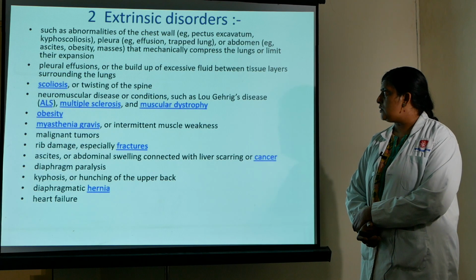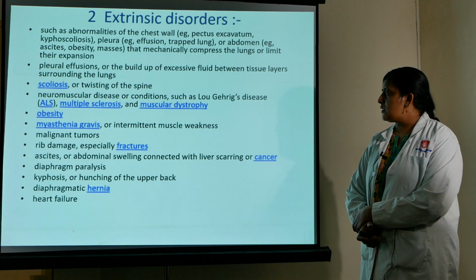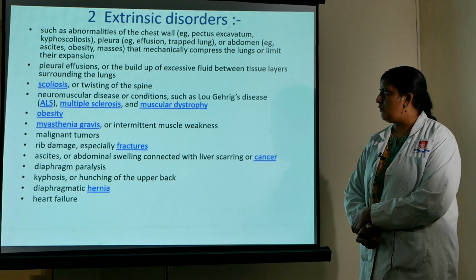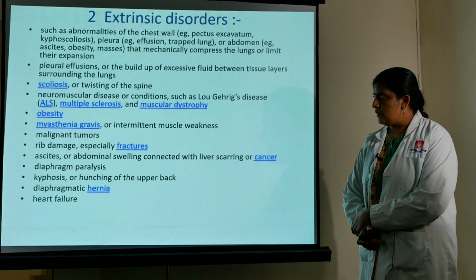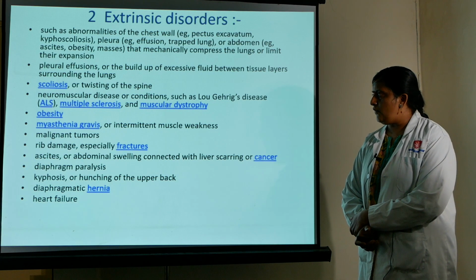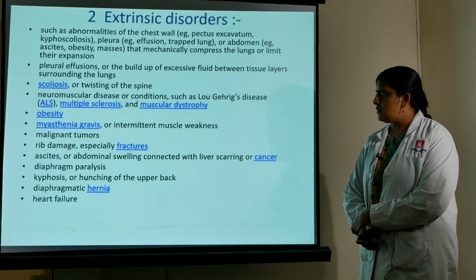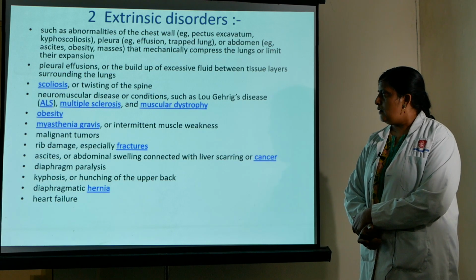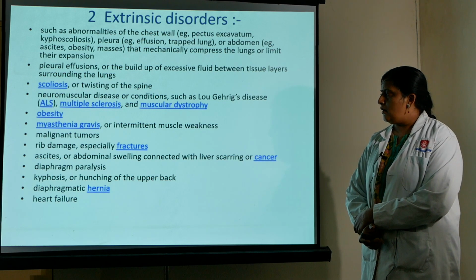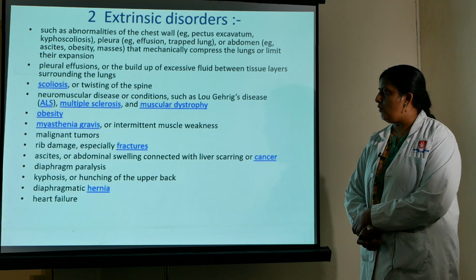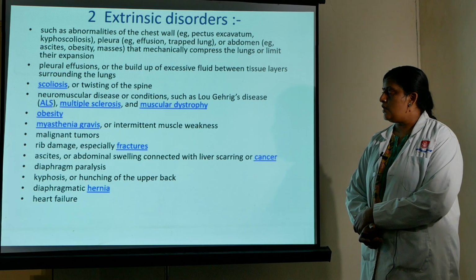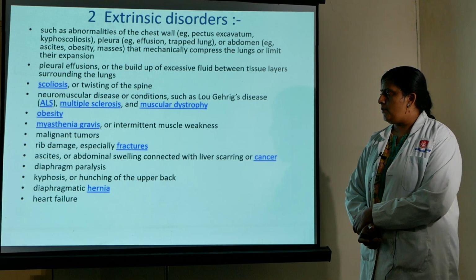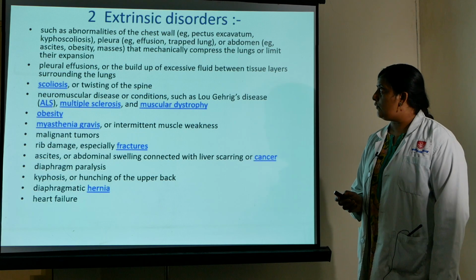Neuromuscular disease or conditions such as multiple sclerosis and muscular dystrophy, obesity, myasthenia gravis or intermittent muscle weakness, malignant tumors, rib damage, especially fractures, ascites or abdominal swelling connected with liver scarring or cancer, diaphragmatic paralysis, kyphoscoliosis or hunching of the upper back, diaphragmatic hernia, and heart failure.